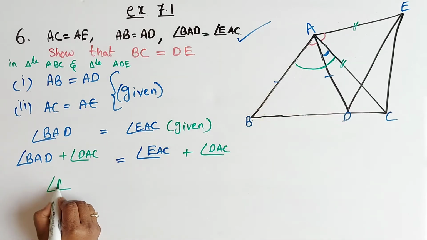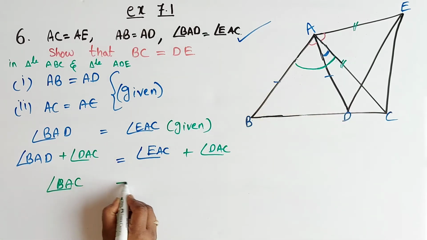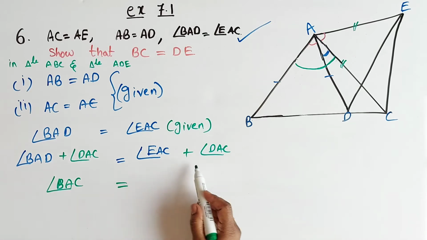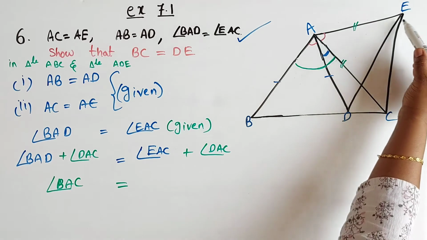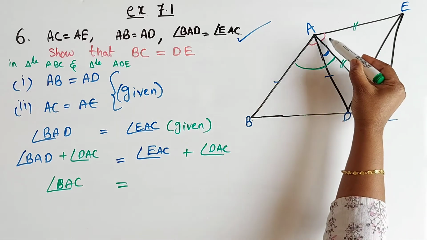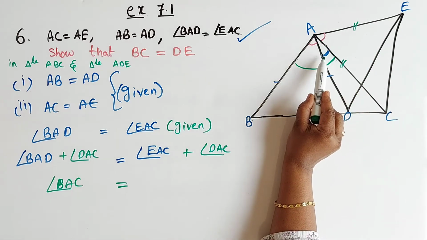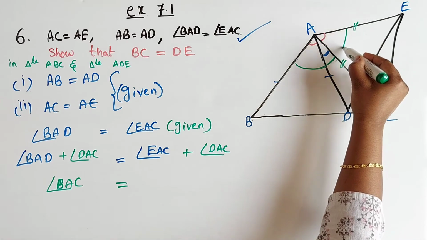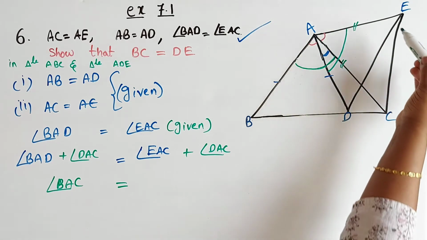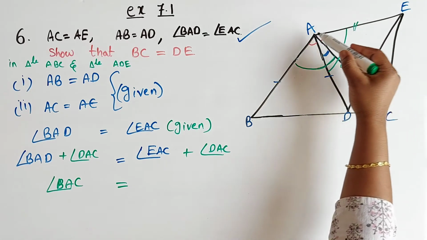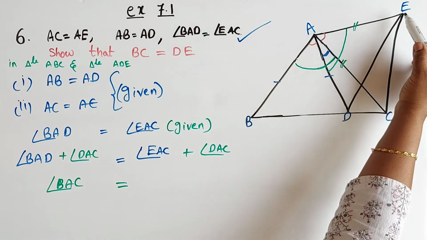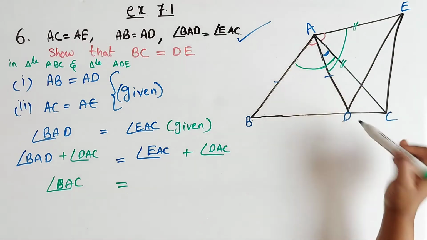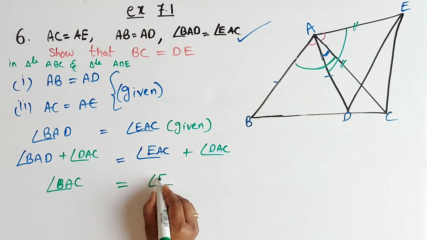So angle BAC equals angle EAC plus angle DAC. Angle EAC is only this part, and now you are adding angle DAC also. So this becomes angle EAD. Right, children?